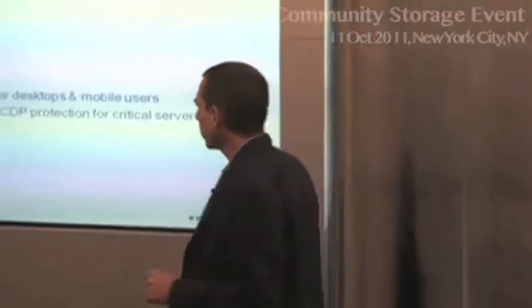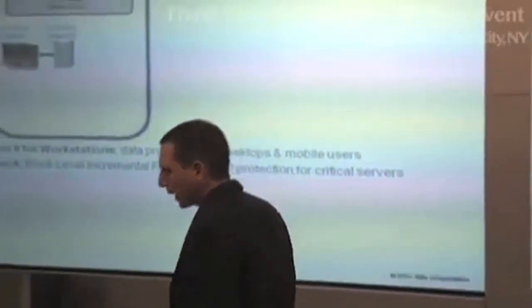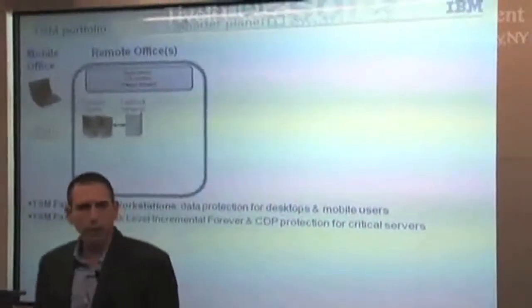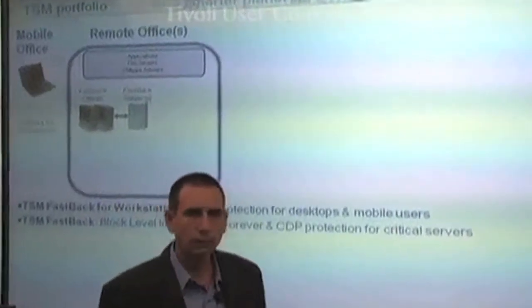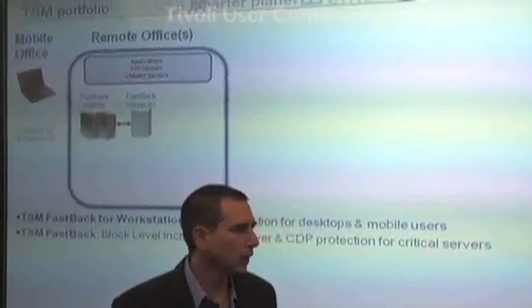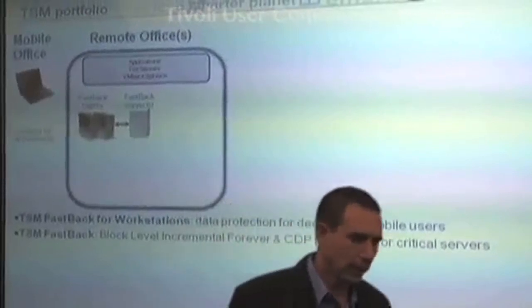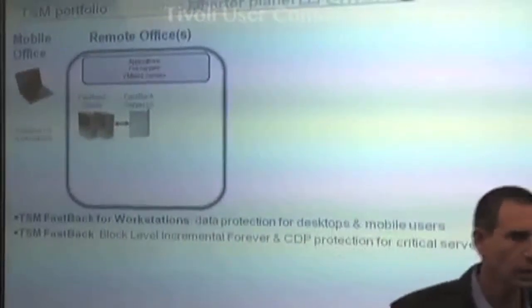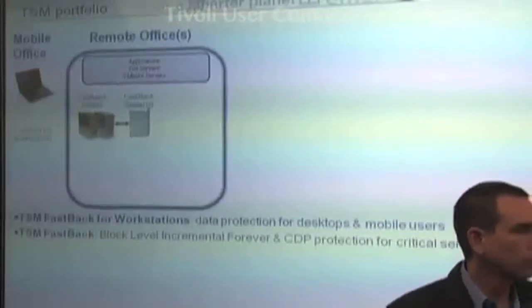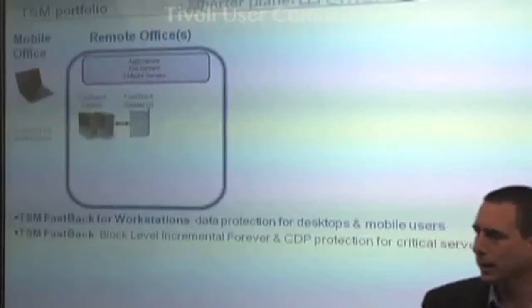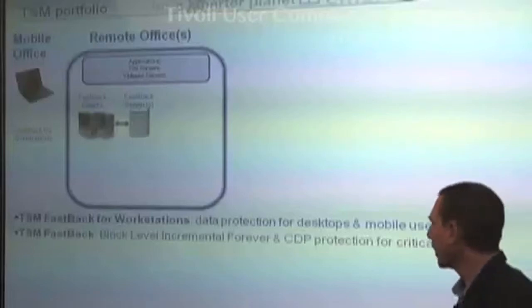The next product is Fastback. Now, Fastback is a technology that IBM acquired about 4 years ago from a company called FilesX, and that's actually how I came into IBM about 4 years ago. And Fastback does things a little bit differently. First of all, it's disk to disk. It doesn't handle tapes. It doesn't know about tapes.